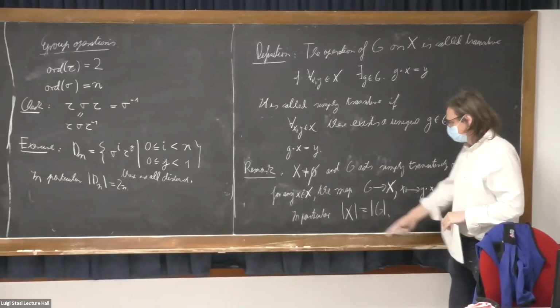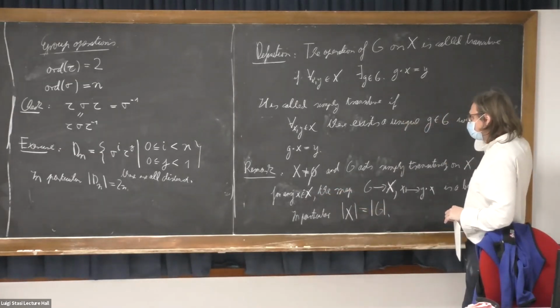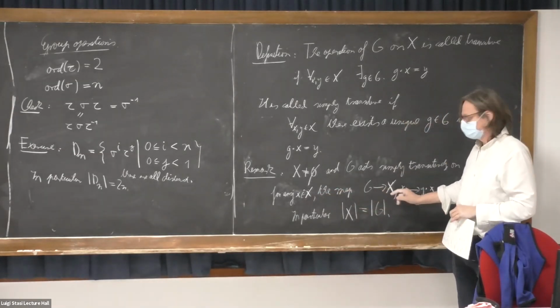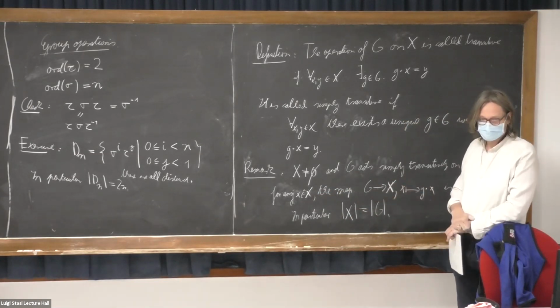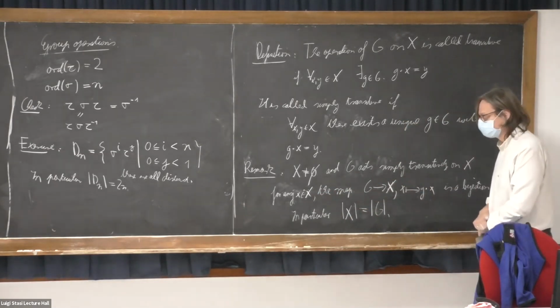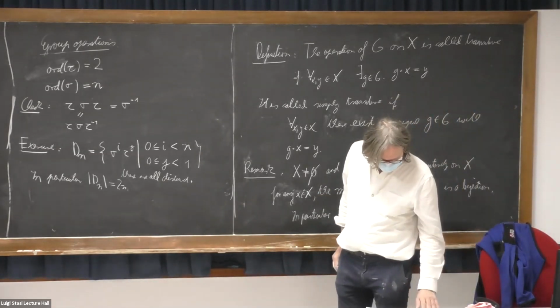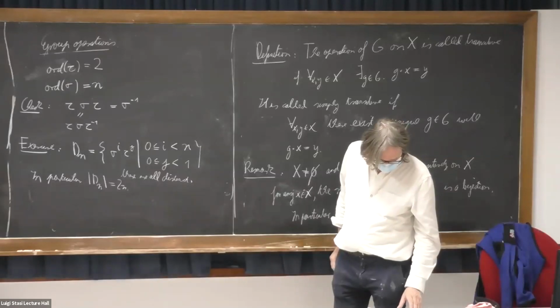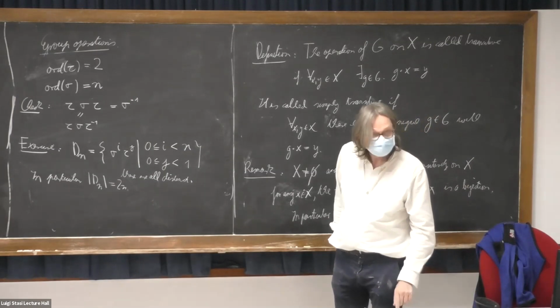Because if you choose any element, you can define this map here. You can define a group structure on X so that this map becomes an isomorphism. And that plays a role in some questions in number theory. But anyway, that doesn't interest us here.